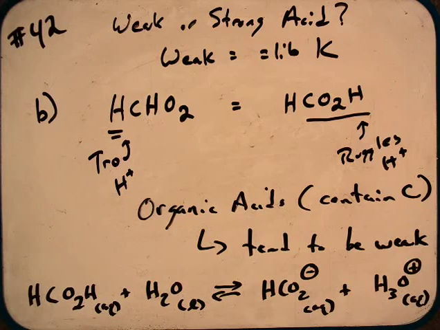And that is our equilibrium expression. We have the formic acid and water in equilibrium with what they would call formate and hydronium ion. So we have our acid, we have our base, these would be the parents, and then we have our conjugate base and our conjugate acid as a result of this equilibrium.